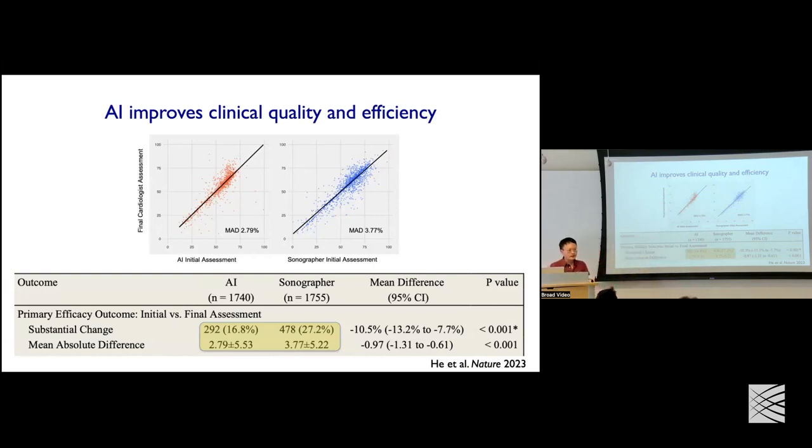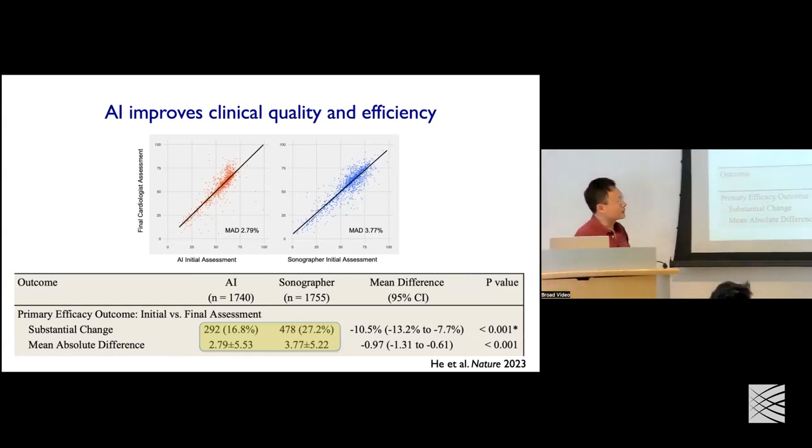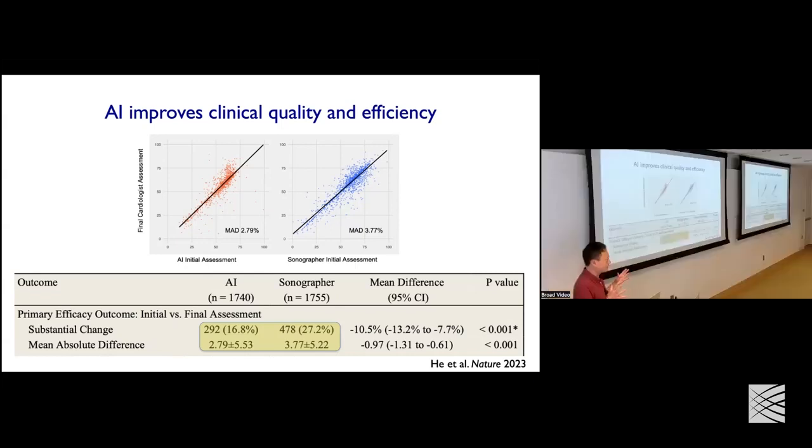One main readout is how much the cardiologists have to change their assessments compared to the initial assessment, measured as absolute deviation. For the AI arm, the mean absolute deviation is less than 3%, which is quite low. Compared to the sonographer, the human arm, the mean absolute deviation is closer to 4%. So when looking at the readouts from the AI algorithm, the cardiologist ends up making substantially fewer modifications.